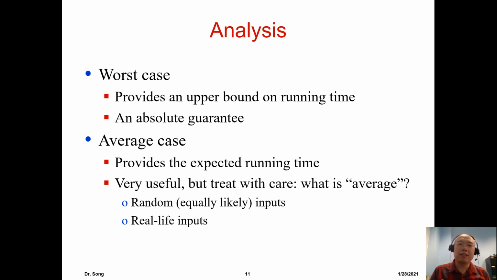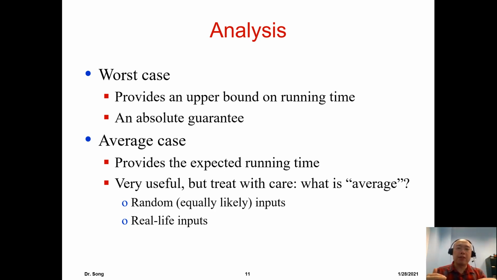When we are discussing the algorithms, we are either discussing the worst case or the average case. So what is the worst case for a sorting algorithm? It is that all the values are sorted in the reverse order. Say we have a sorting algorithm, we want to sort the values from low to high.